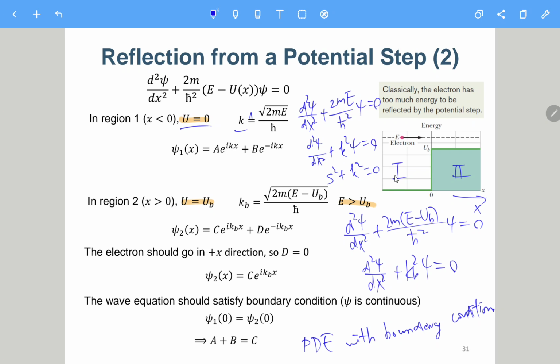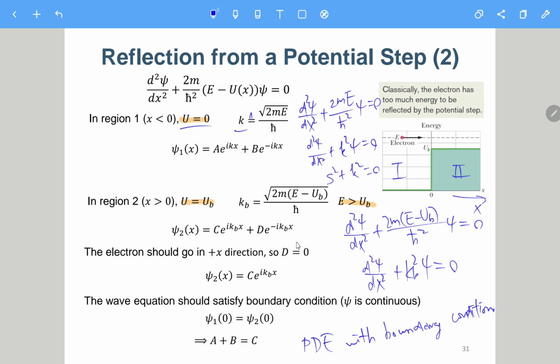This positive sign means the wave is propagating in the positive x direction. This one means the particle propagates in the negative x direction. So for region 1, this particle might be reflected by this potential step, so we include both terms here.